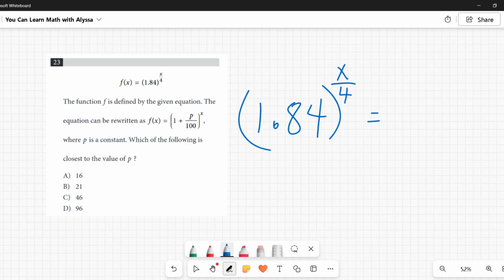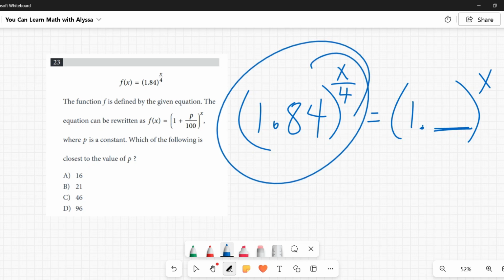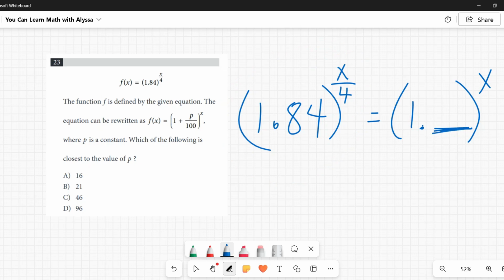And then there is 1 point something, and we're trying to find out what that something is, to the power of x. And those are the same. So what I need to do is rewrite this so it's to the power of x, and then I'll find out what those two numbers after the decimal are. How can I do that? I don't know what x is. How do I convert x over 4 and x?